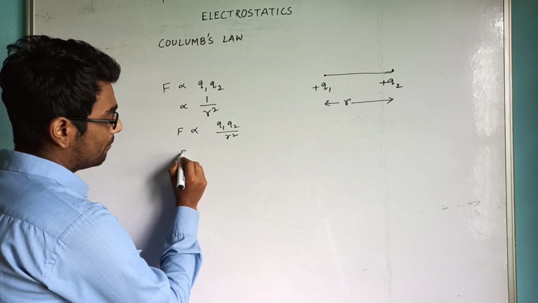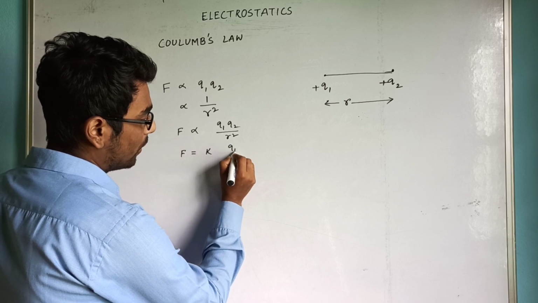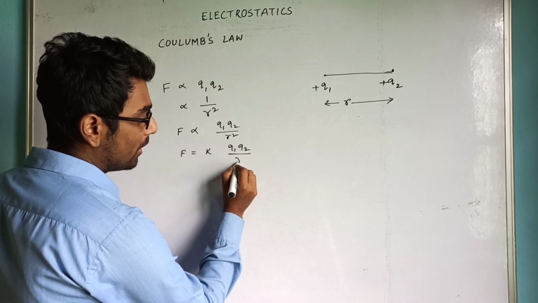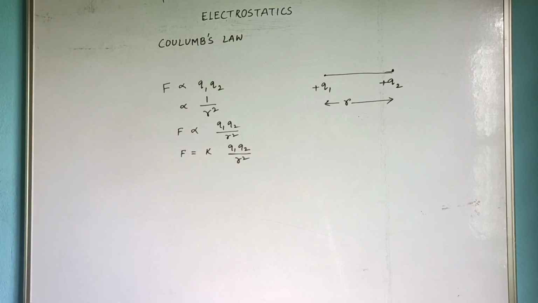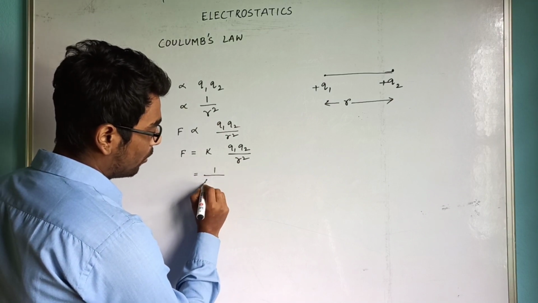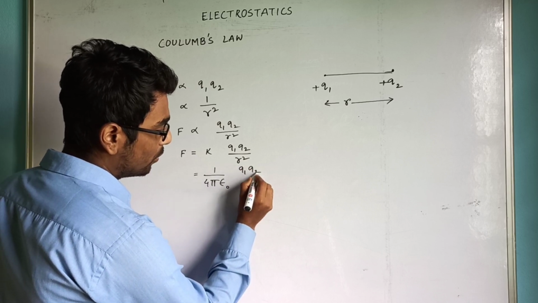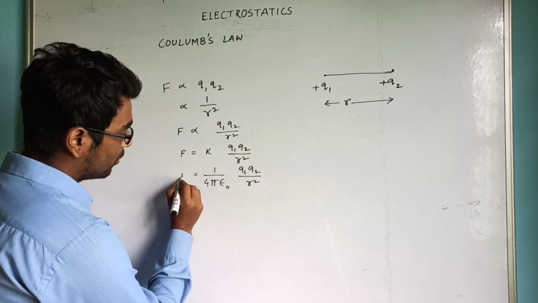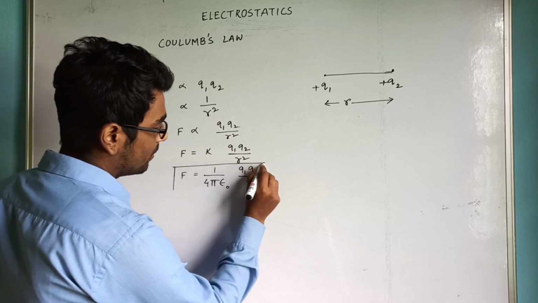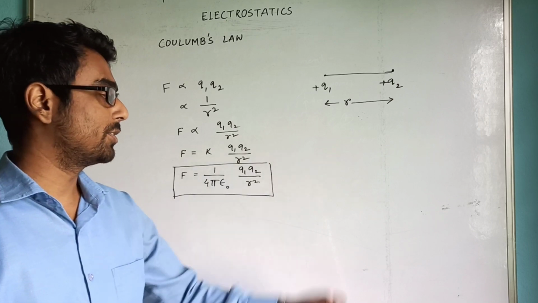So F equals a constant K times Q1 Q2 by r square. The value of the constant is given as 1 by 4 pi epsilon naught, so F equals 1 by 4 pi epsilon naught Q1 Q2 by r square. It is the ultimate expression for force between two charges.